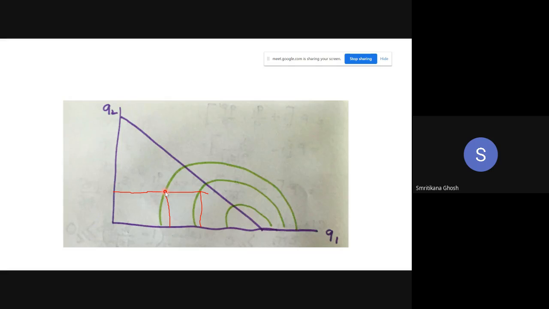The output produced at this level is greater than the output produced at this level. Q1 here is greater than Q1 here. So if you are producing more and more Q1 given Q2, you are catering to more and more markets. So your profit level is increasing because your profit is P into Q. If P is constant and Q is increasing, then your profit is increasing. That is why, if it is close to the axis, there is more and more Q1, so your pi 1 is also higher. Is it okay? This is the third property.